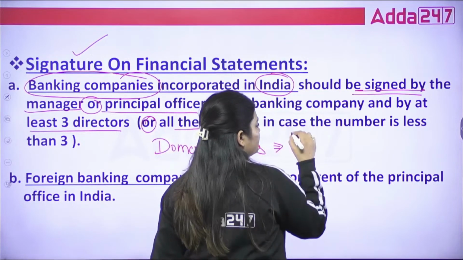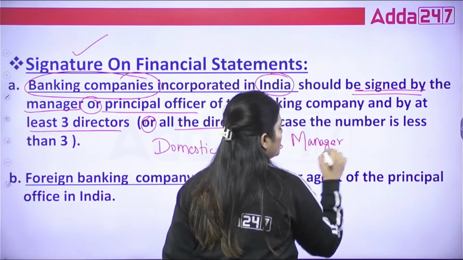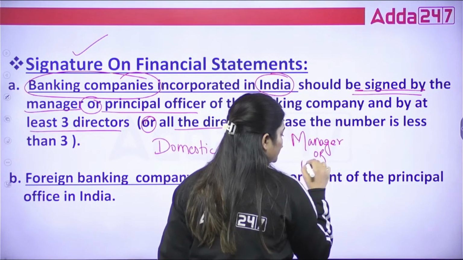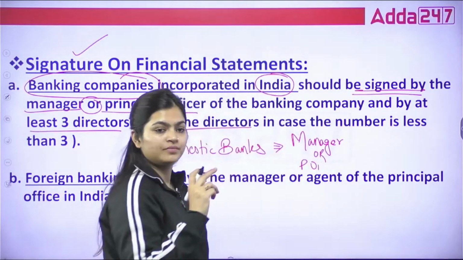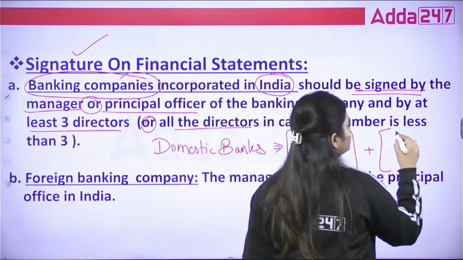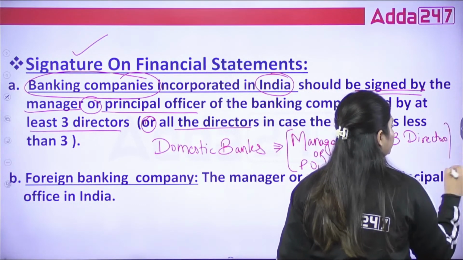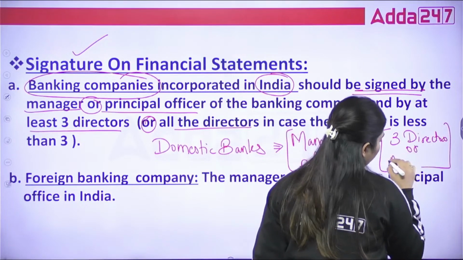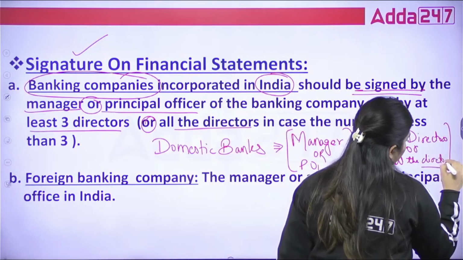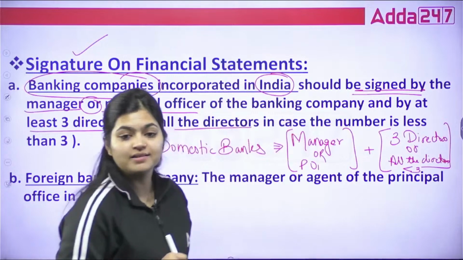They require manager or principal officer, anyone from them, plus at least 3 directors' signatures, or all the directors if your number is less than 3. Correct? That is the requirement.